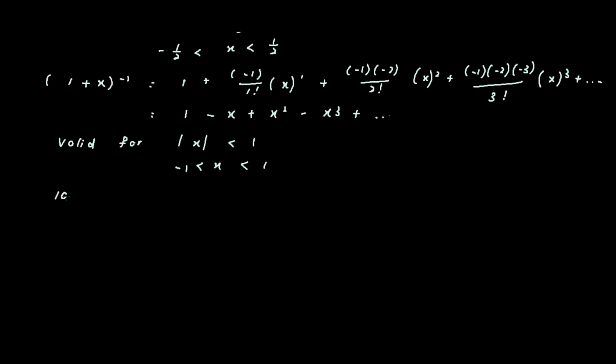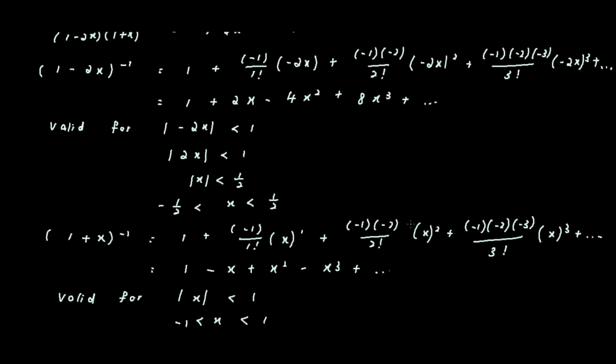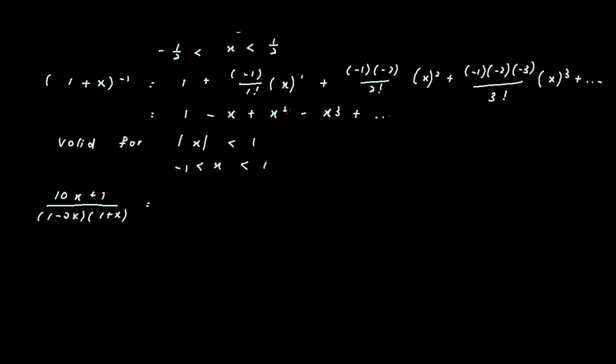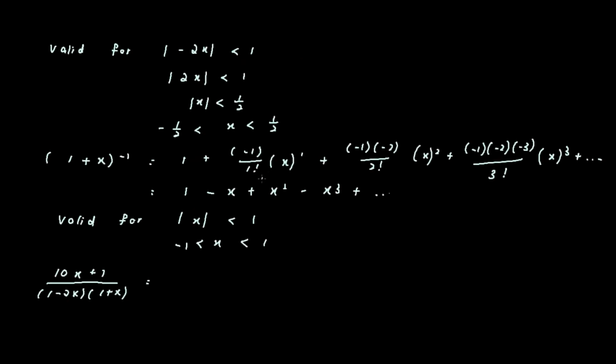So I have 10x plus 1 over the function, copy the function again. You remember just now it's 4, right? So 4 times (1 minus 2x) to the power of -1, this is the number that we want. So I'll copy down this expansion.